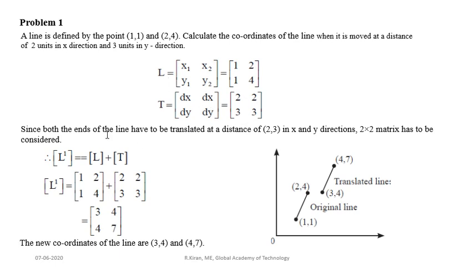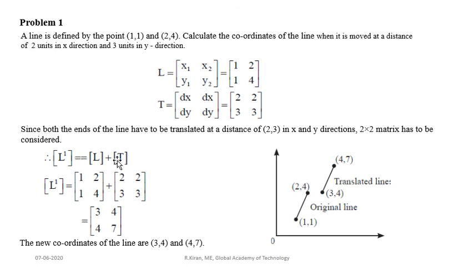Since both ends of the line have to be translated by a distance of 2 and 3 in the x and y directions, we employ the 2 cross 2 matrix. To perform this translation, we have the equation L dash = L + T, where L represents the points before the translation, x1, y1 and x2, y2, represented by this matrix, and the translation dx and dy is represented by this matrix.